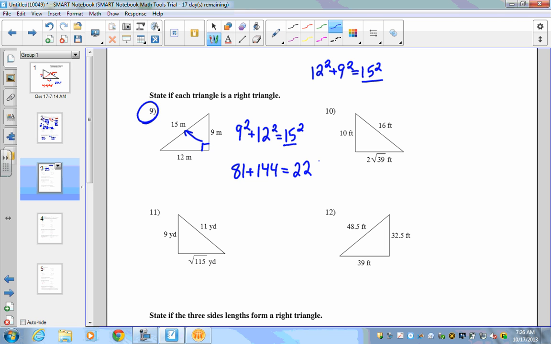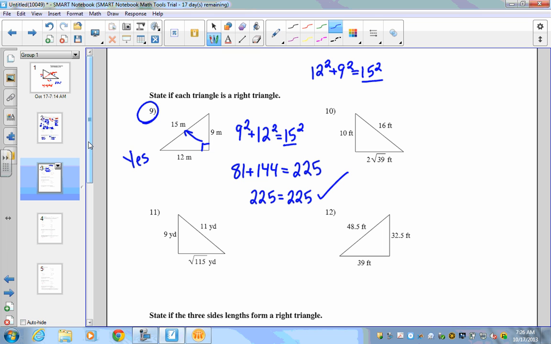So basically, we're just checking, does 81 plus 144 equal that? It does. So we have checked our work. 225 is equal to 225. So everything is good. State if each triangle is a right triangle. I would say yes, it is. Okay, and you guys can pause the video for problems 10, 11, and 12.